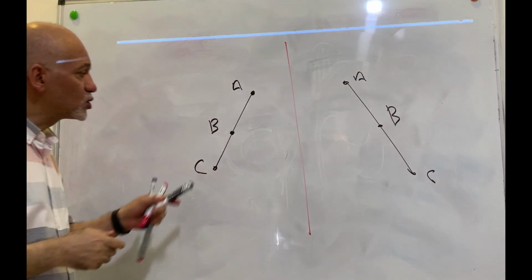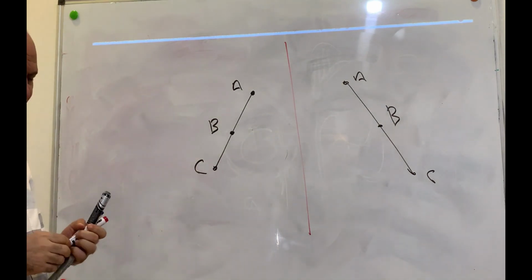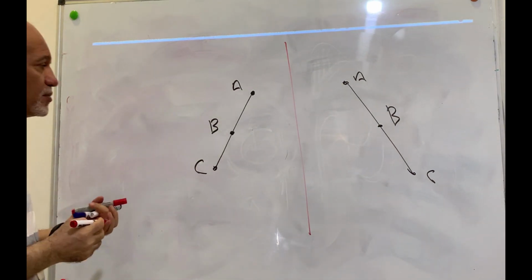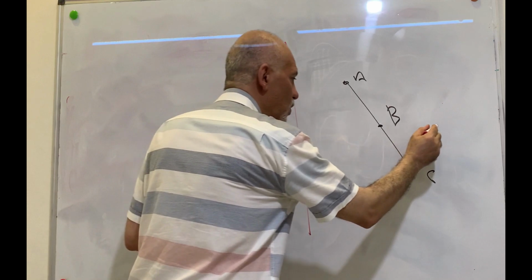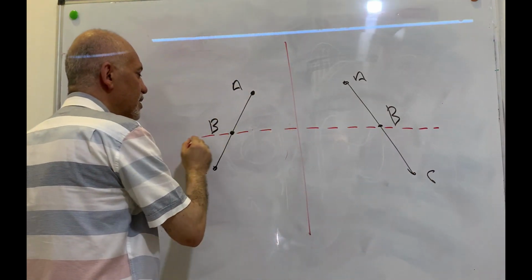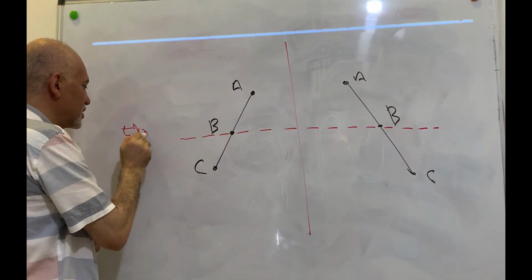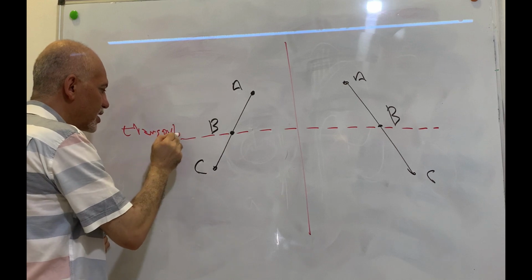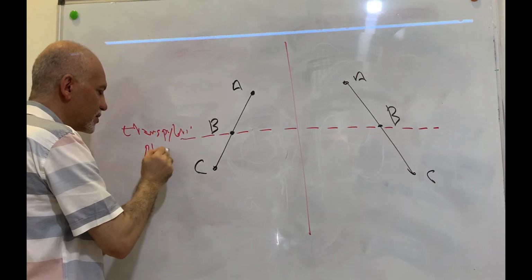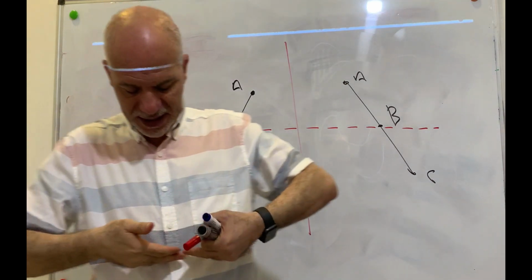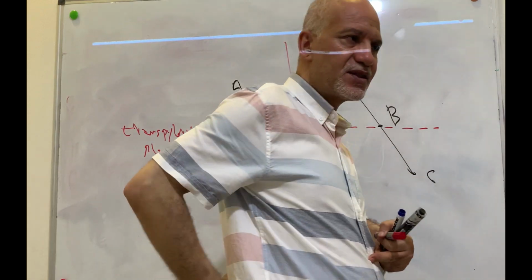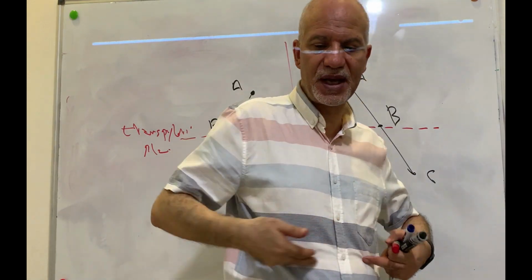We begin with point B. Point B is at the hilum of the kidney in the transpyloric plane. The transpyloric plane in the abdomen is opposite the first lumbar vertebra.